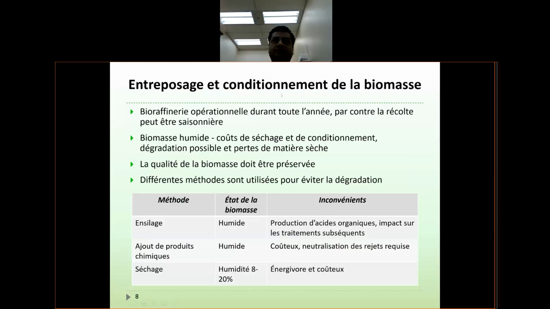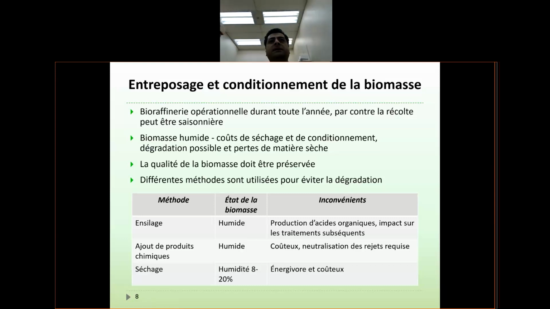of biomass. In other words, we have to store biomass somewhere safely, but we have to consider that usually biomass has humidity, it has moisture, okay? And if you want to do any kind of conditioning, or if you have to do drying in order to reduce the water content, you have to pay.